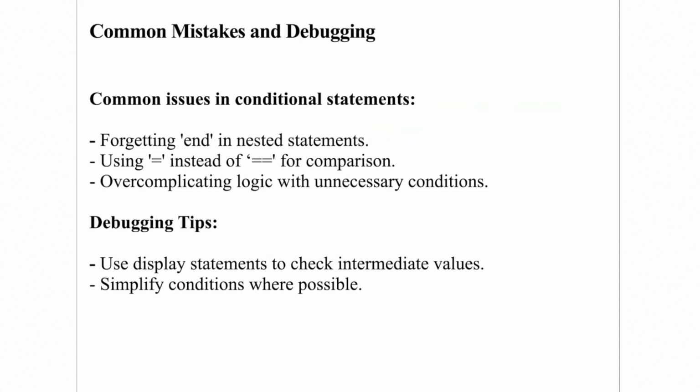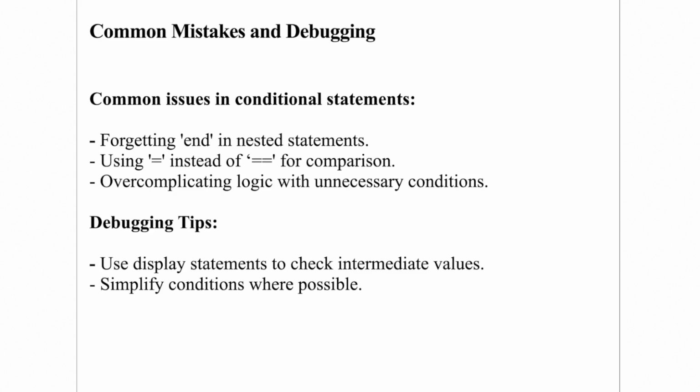The most common issues we have seen in conditional statements are, for example, forgetting end in the nested statement, and using a single equal sign instead of a double equal sign for comparison, like whether a variable x is equal to 10 or not. Instead of writing x double equal 10, if I write x single equal 10, then that will be an error.